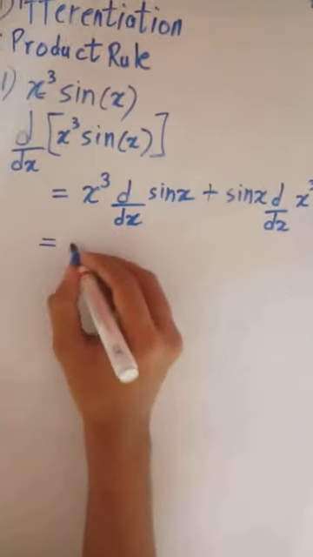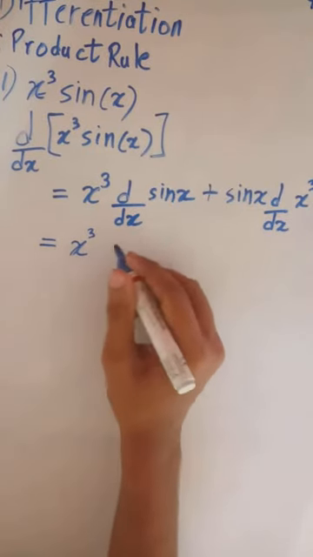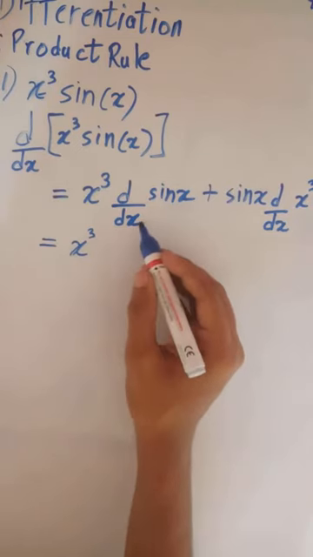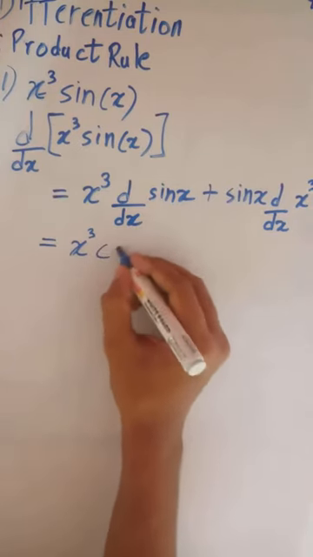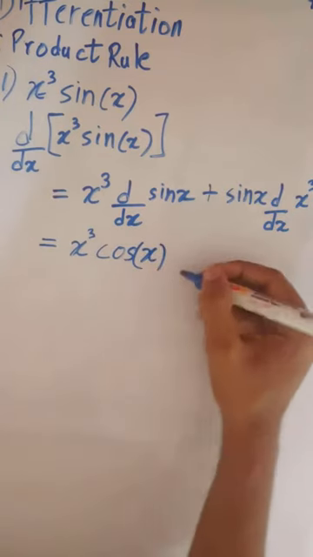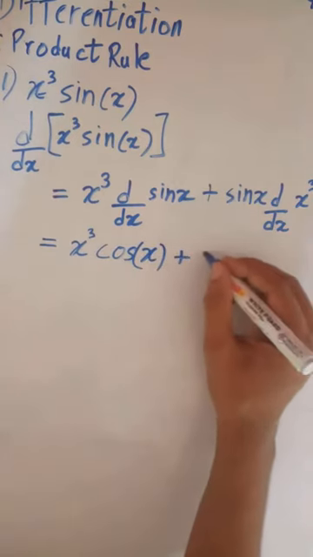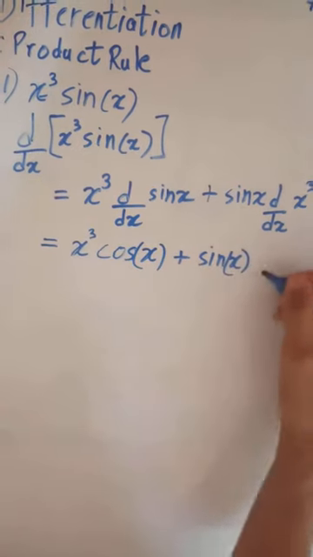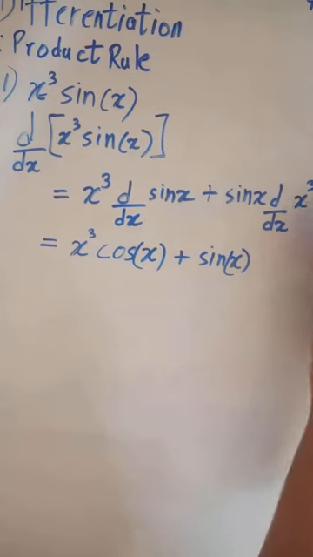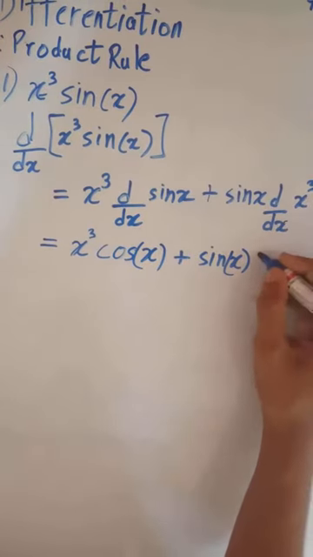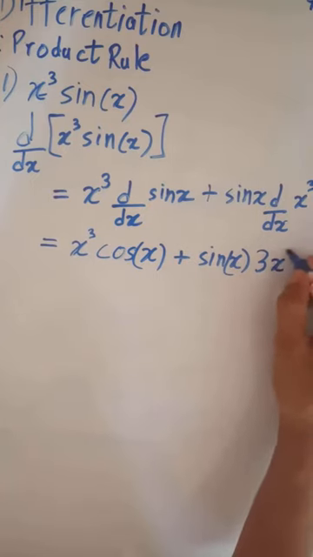So here I can just rewrite x cubed. Now the derivative of sine x with respect to x is just cosine x, so that's cos x. Here I can just write sine x as follows. And the derivative of x cubed with respect to x is just 3 times x squared.